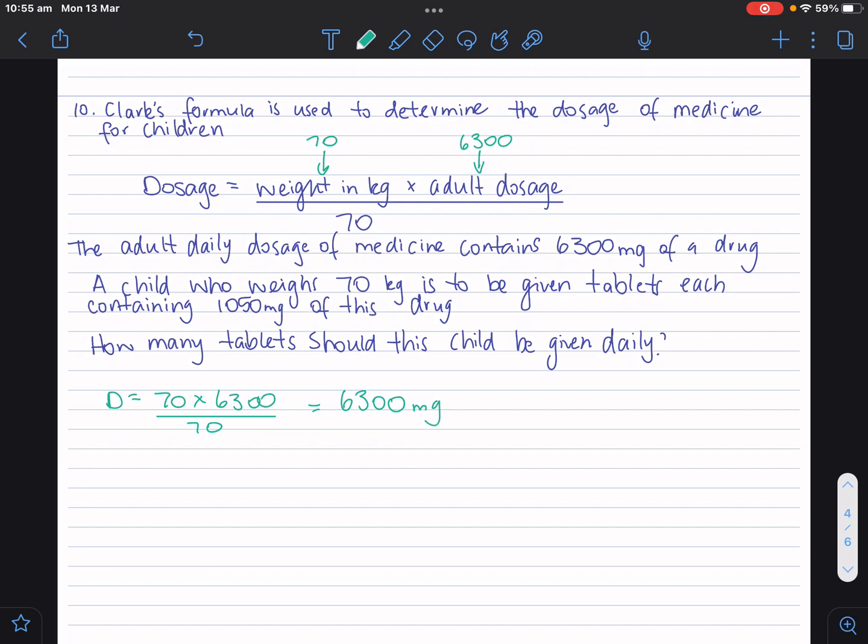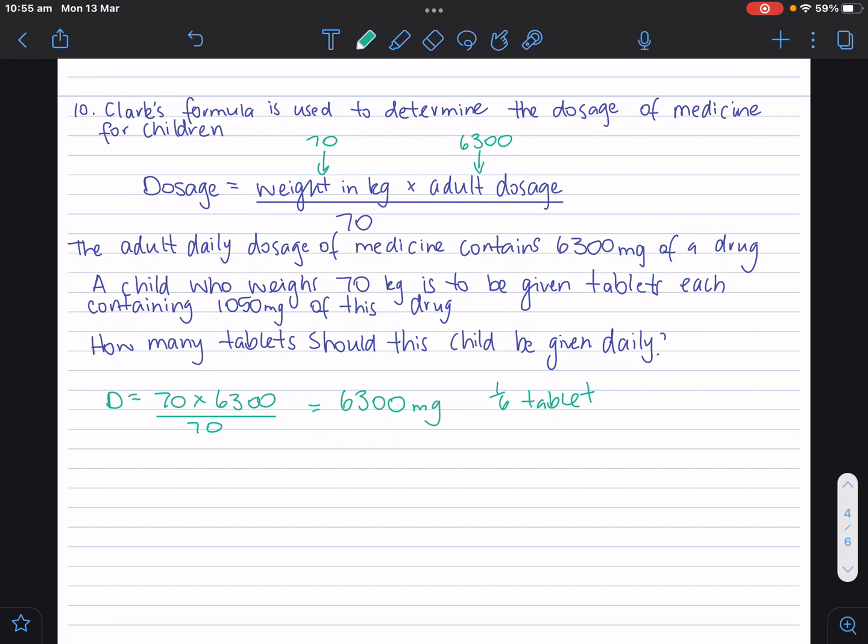This child is meant to take 1050 milligrams per tablet. So how many tablets are they meant to take? Here we then do 6300 divided by 1050, and they're meant to take 6 tablets.